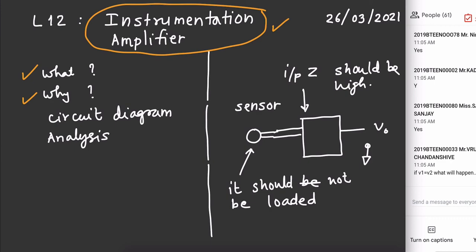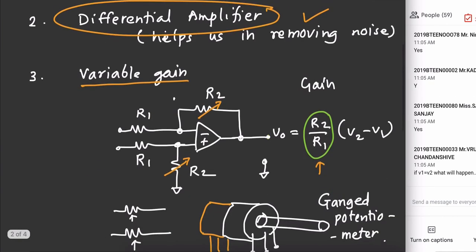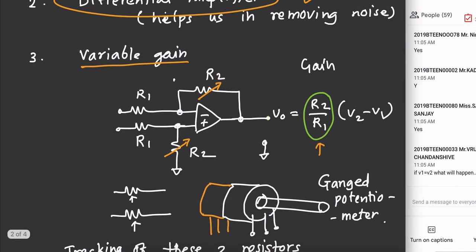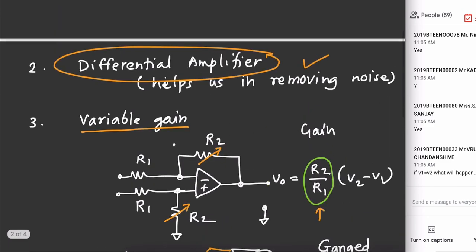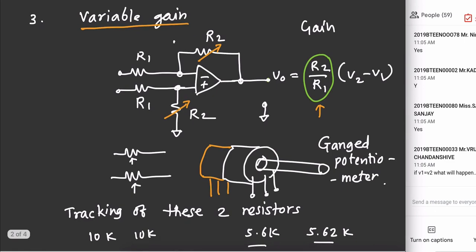Right. So the instrumentation amplifier was the topic of today, and then we understood what is instrumentation amplifier, why it is required, circuit diagram and analysis. All the 4 points we did. Then we went through the conditions or desirable things for an instrumentation amplifier. We found that input impedance should be high, differential amplifier should be there, variable gain should be there.